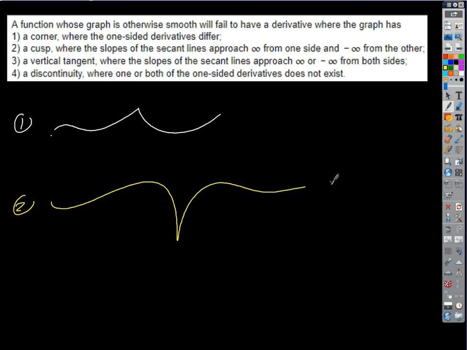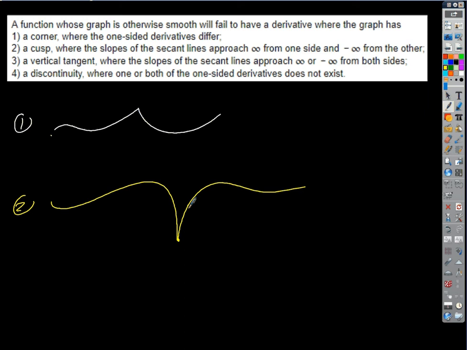On one side, the slope approaches negative infinity, on the other side, it approaches positive infinity. Does that make sense? Okay, as the ant walks towards this point right here, his slope is approaching negative infinity from the left, and on the right, positive infinity. He goes from an infinitely steep negative slope to an infinitely steep positive slope. That's what we call a cusp.